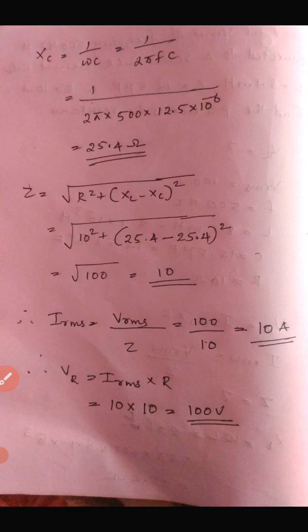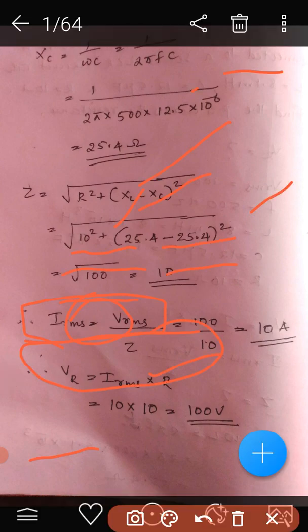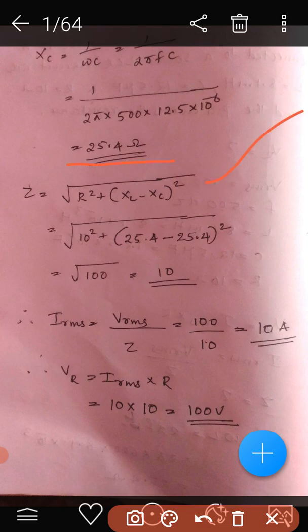Next, the value of XC. XC is equal to 1 by omega C, 1 by 2 pi FC. Then we get the capacitive reactance as 25.4 ohm. Then we can find the impedance of this LCR series circuit, that is the square root of R square plus XL minus XC the whole square. The XL minus XC term cancels, so the impedance is 10 ohm.